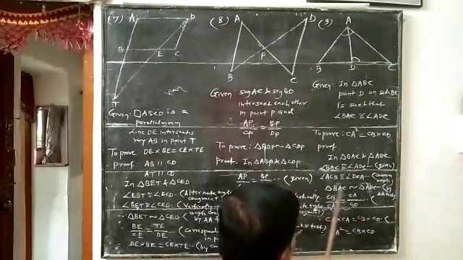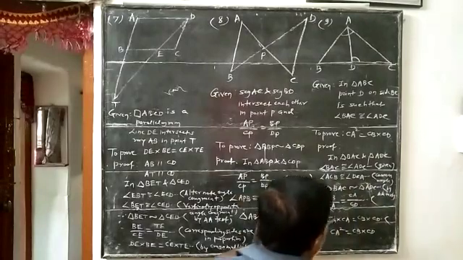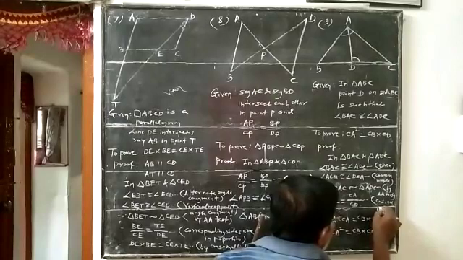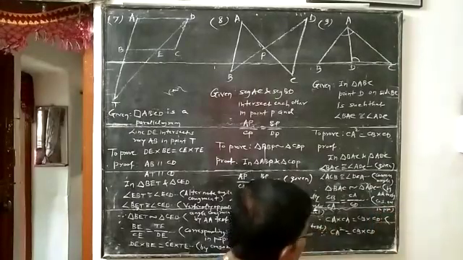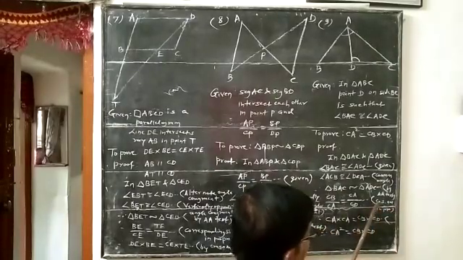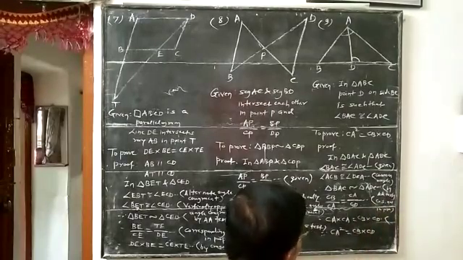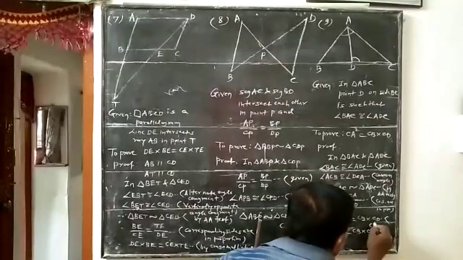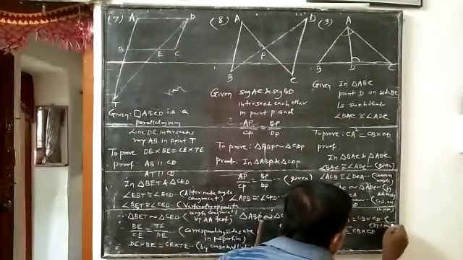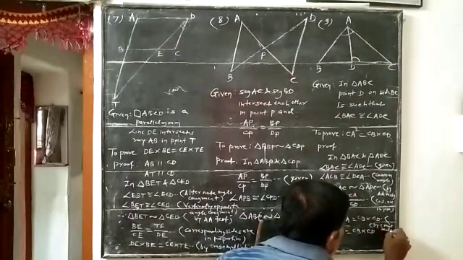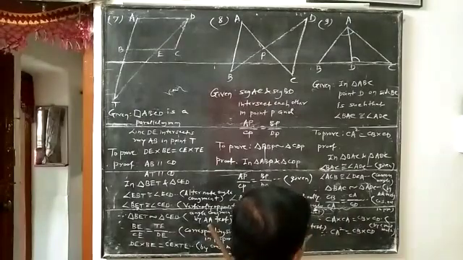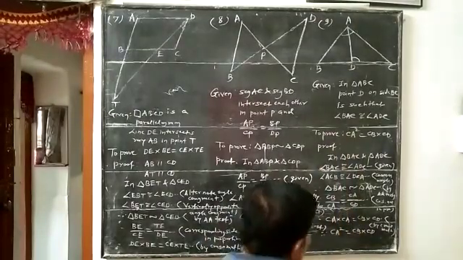Then CB upon CA is equal to CA upon CD, corresponding sides are in proportion. Taking cross multiplication, CA into CA is equal to CB into CD. CA into CA is CA square, which is equal to CB into CD. It's what was given to prove, we got it.